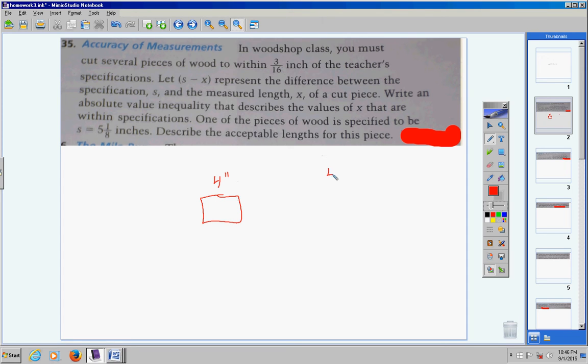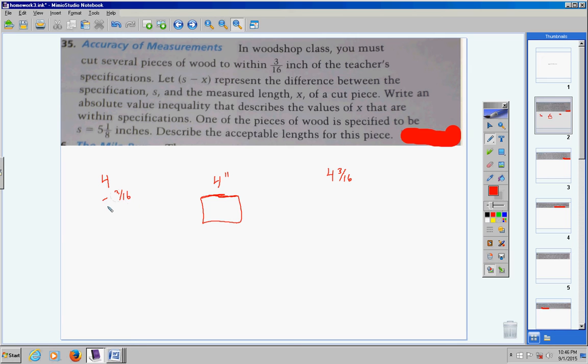Let me back up. The teacher tells you the cut should be 4 inches. So you add 3/16, and your cut can be off all the way to 4 and 3/16, or you can subtract 3/16.